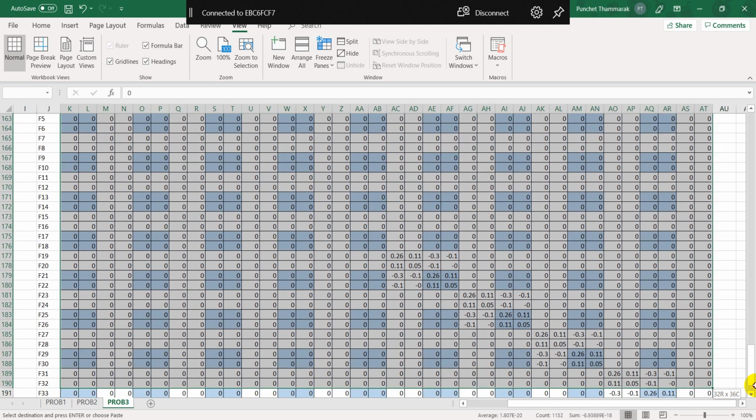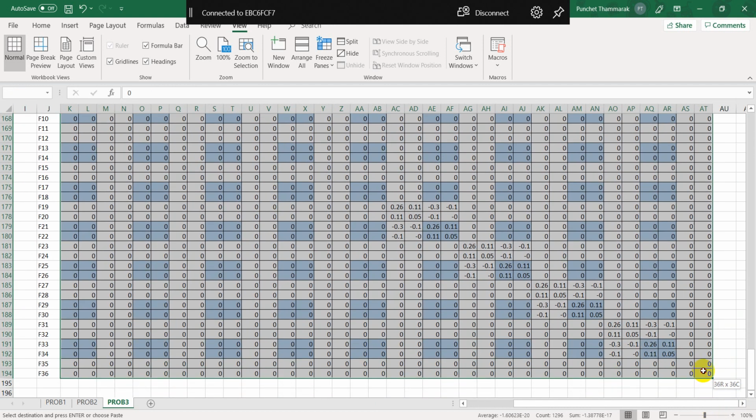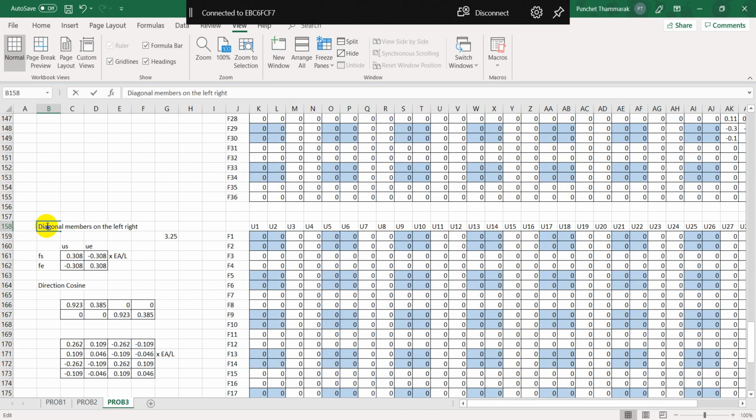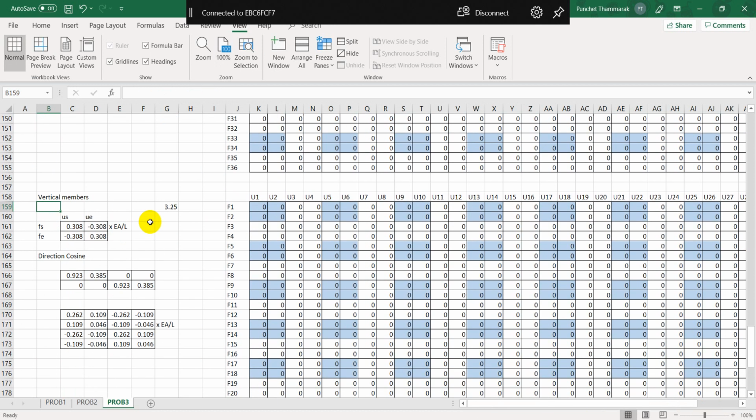I just zero out everything. Vertical members. Actually, truss element is quite easy to deal with.